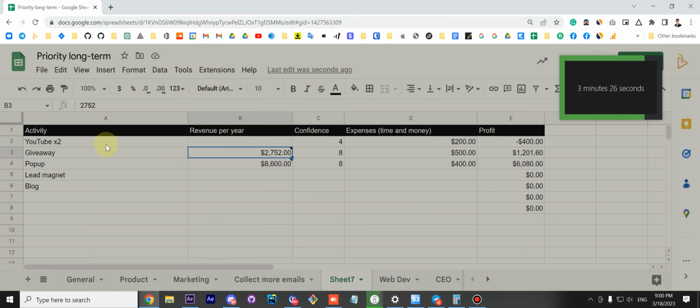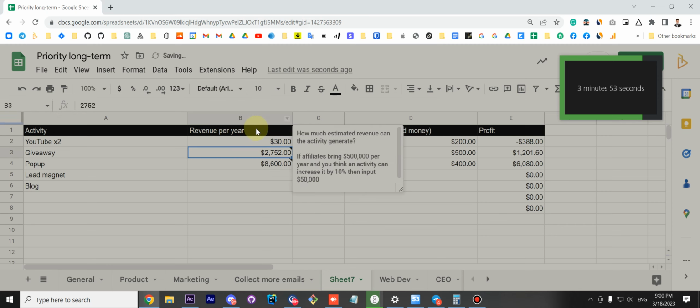So if you double down on YouTube and start posting 2 times a week instead of 1 time a week, you might not double your emails, but most likely you'll increase it by at least 30%. That's generous. So let's say it's 30 emails, so $30, right?